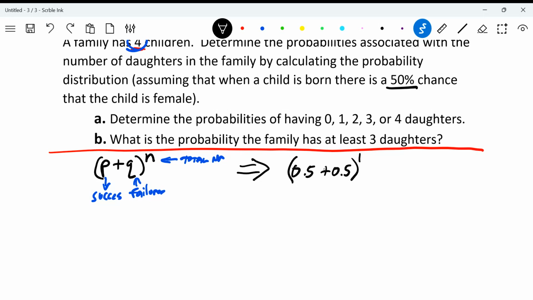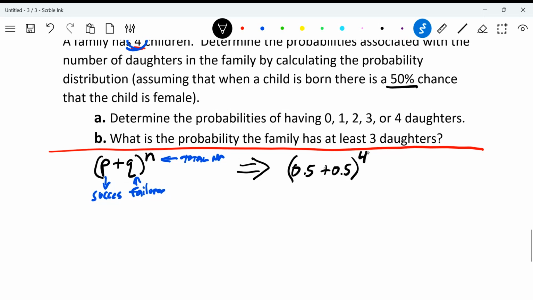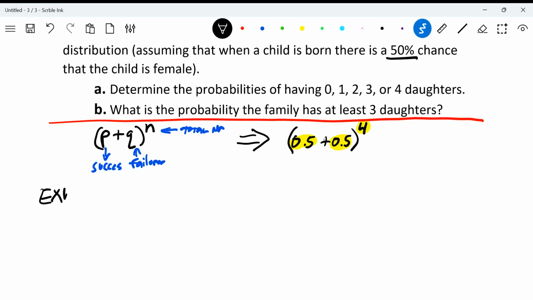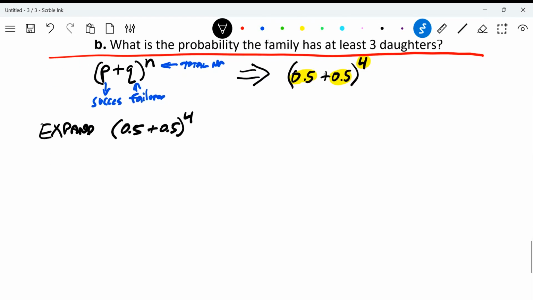I meant to put a 4 here because now I'm putting the numbers instead of just the letters. So what we do is we expand the binomial, 0.5 plus 0.5 to the 4th power. That means we're going to need 5 terms.